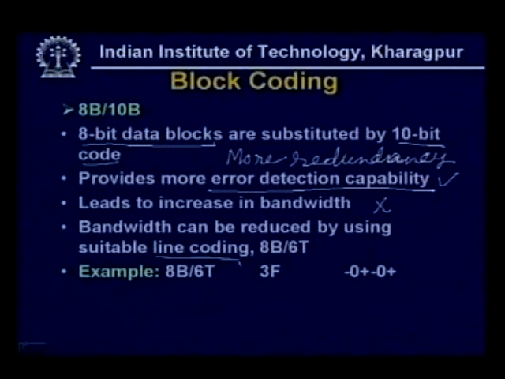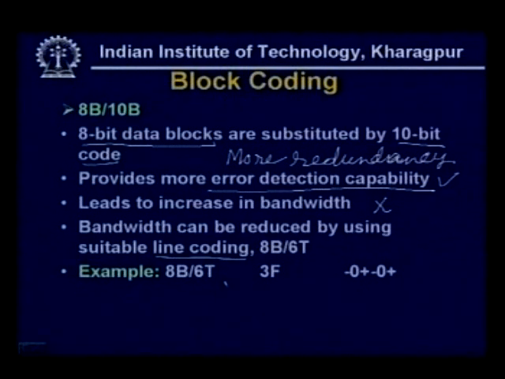How do you overcome this problem? This problem can be overcome by using suitable line coding. For example, let us assume that 6B to 8B encoding is done. Then the line coding can be done from 8B to 6T.